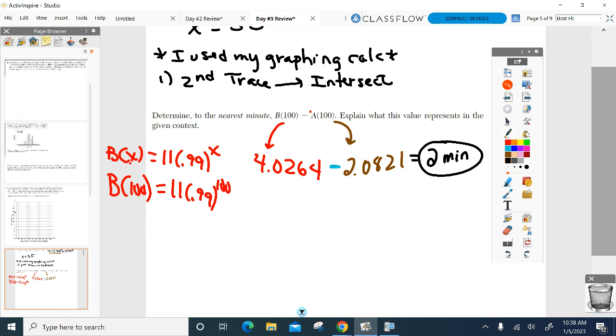Yeah, but wait. The wait time is going to be the difference, because we subtracted the difference, it'll be 2 minutes. Okay, so that's what, in your own words, you can write right now for part C. When I have 100 customer service reps working, the difference in wait time is 2 minutes.